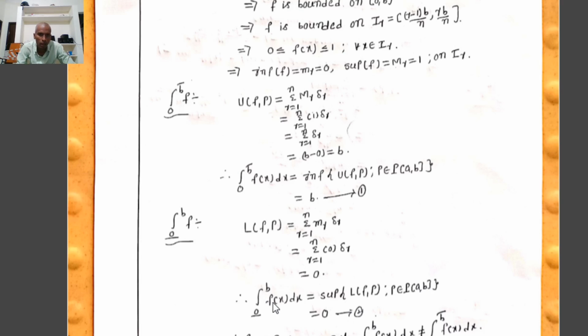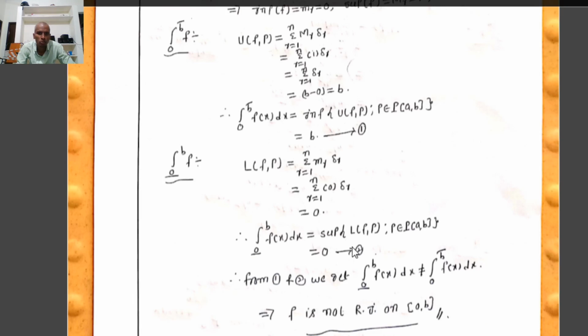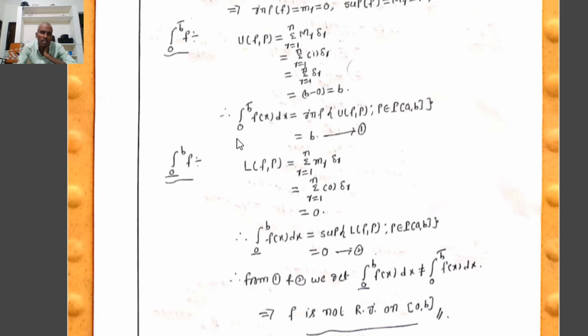Therefore the lower Riemann integration, the supremum of the set of all lower Riemann sums, equals 0. From (1), the upper Riemann integral from 0 to b of f(x) dx equals b. From (2), the lower Riemann integral from 0 to b of f(x) dx equals 0.